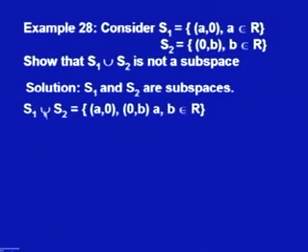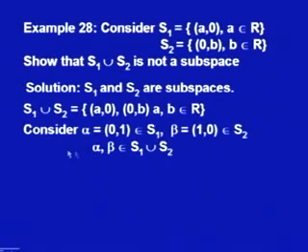Let us consider what is S1 union S2. S1 union S2 is all vectors which are either of the form (A, 0) or of the form (0, B), and A, B belong to R. So, all these types of vectors belong to S1 union S2.